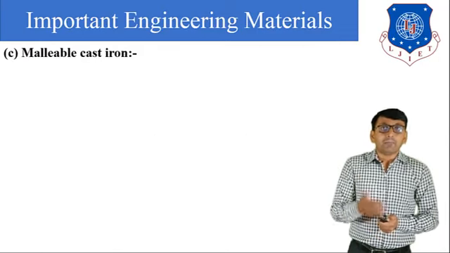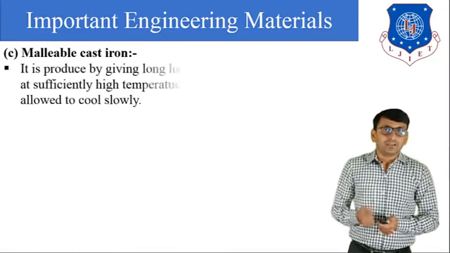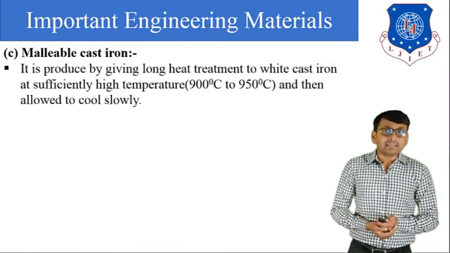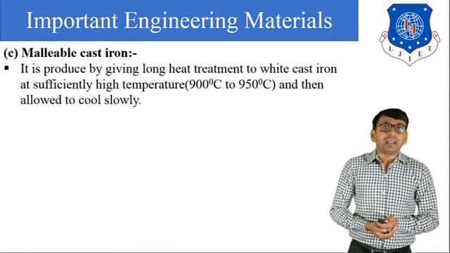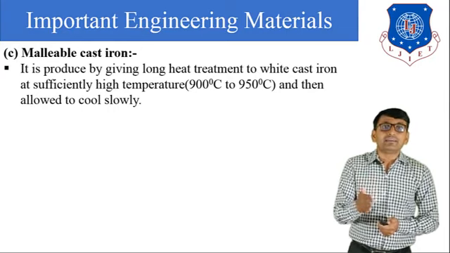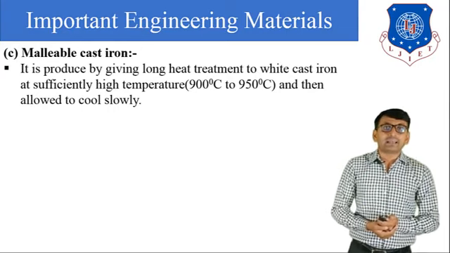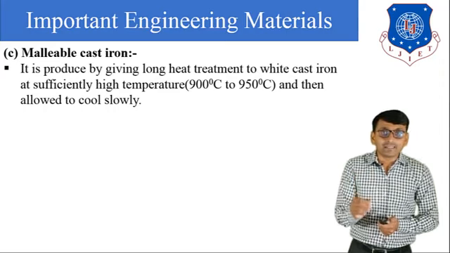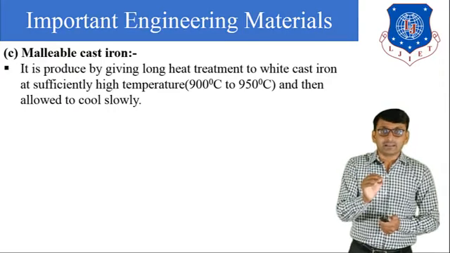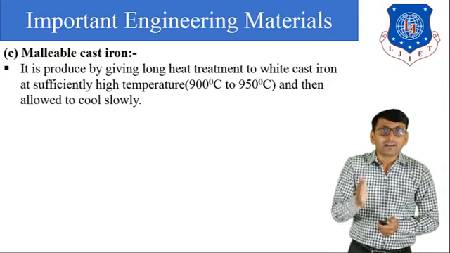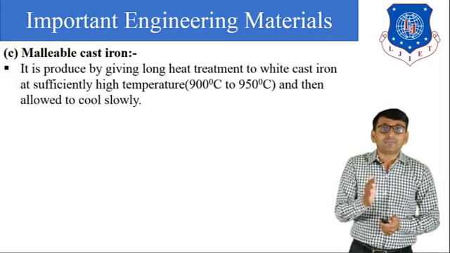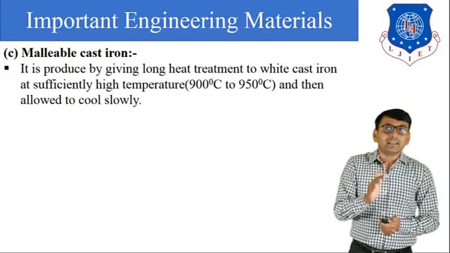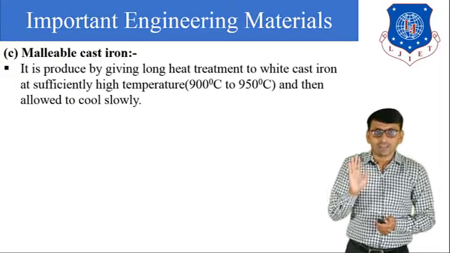Now we discuss malleable cast iron. It is produced by giving a long heat treatment to white cast iron at a sufficiently high temperature, like 900 to 950 degrees Celsius, and then allowing it to cool slowly.